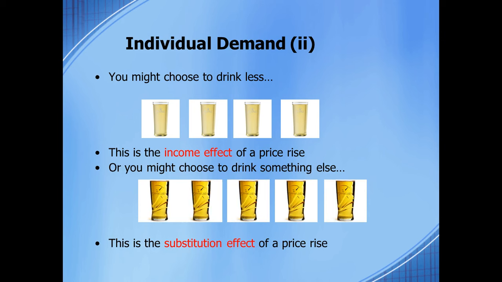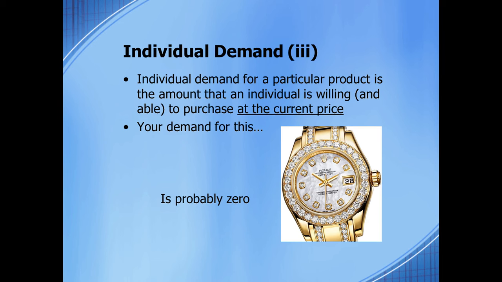With something really expensive like a Rolex watch or a Lamborghini, we all want it, but we either have other things to spend our resource, our money on, or we simply don't have enough resource. So your demand, my demand, is usually 0 if we can't afford it.